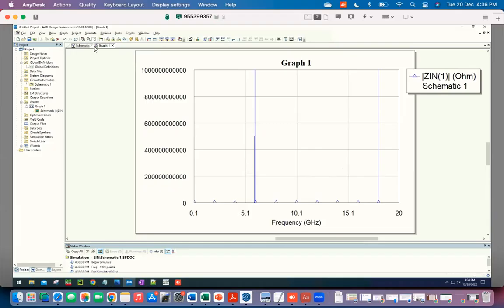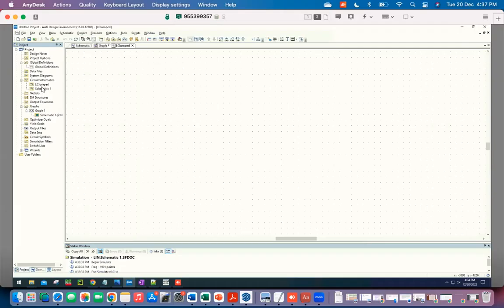Okay. Now, this is Z in. If you remember what we typically used to study, maybe let me make another structure for that.